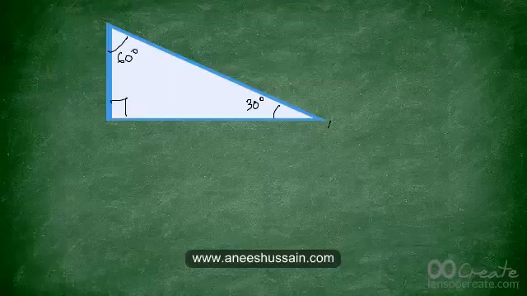Let's call the smallest angle A, and 60 as B, and the 90-degree angle as angle C. Now, if I were to tell you the length of only one of these sides, would you be able to figure out the length of the other two sides? Well, trigonometry can help you do that. You see, let's say that the side opposite angle A, which is the smallest side, has a length of 10 centimeter. And the question wants you to figure out the length of the other two sides.